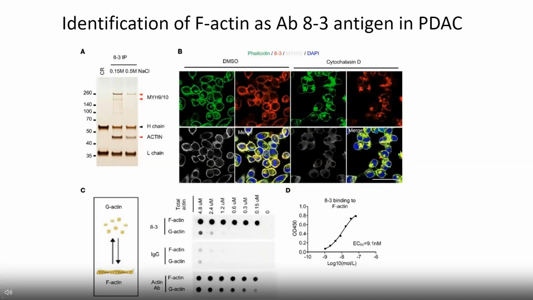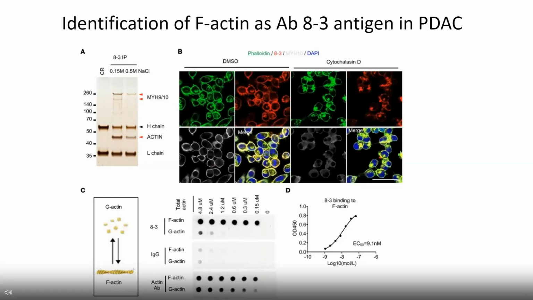Further, by cutting out this band, we were able to identify the 42 kilodalton band actually represents actin, and the higher molecular weight bands are actin binding proteins called myosin 9 and myosin 10. When we co-stained this antibody again with an F-actin marker, phalloidin, you see they show a nice co-staining, and also show co-staining with the myosin marker myosin 10.